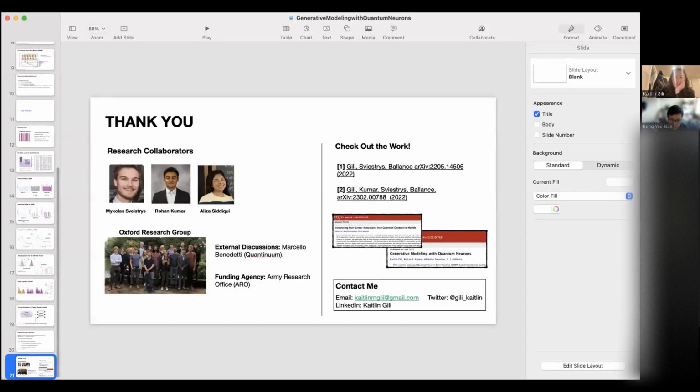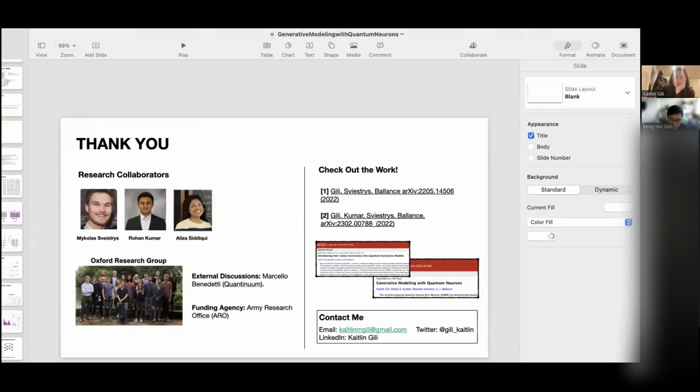I now saw there's one question coming from the audience. Jun Yong has a question about encoding of classical data in supervised quantum machine learning tasks. A part of the algorithm is about the encoding circuits. Is there such a notion of encoding for quantum generative modeling?